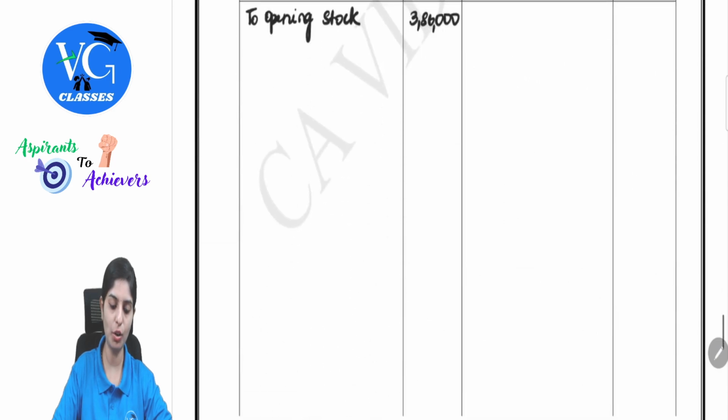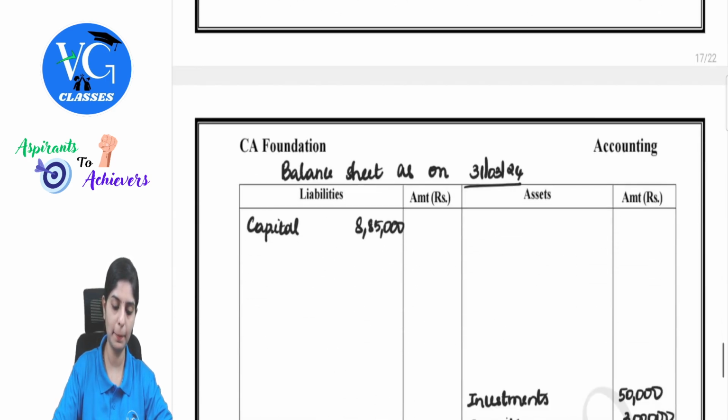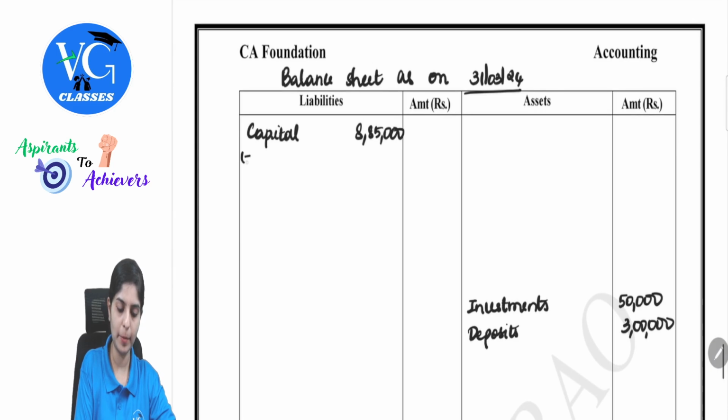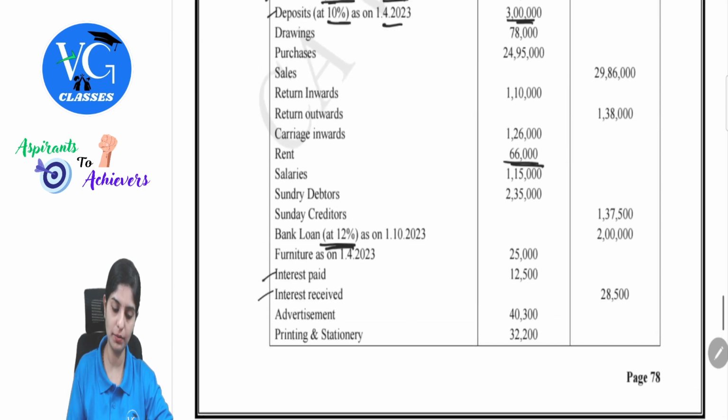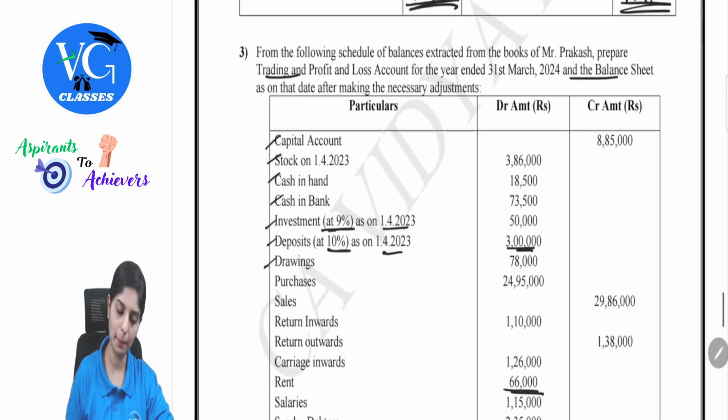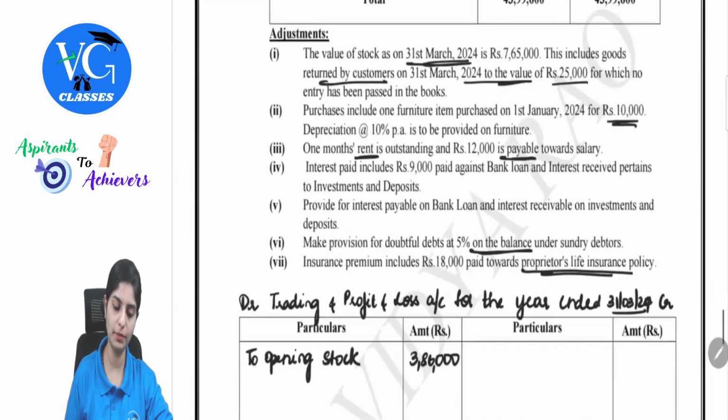Drawings is also already present. So here, minus drawings. Remember there were some additional items. So we will just write one particular thing here, 78,000. Then purchases 24 lakh 95,000.